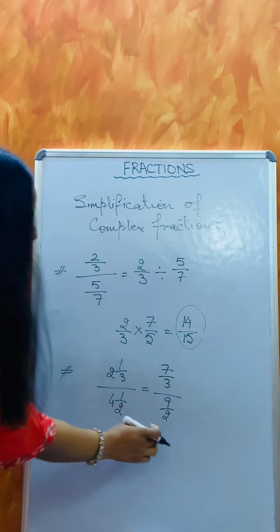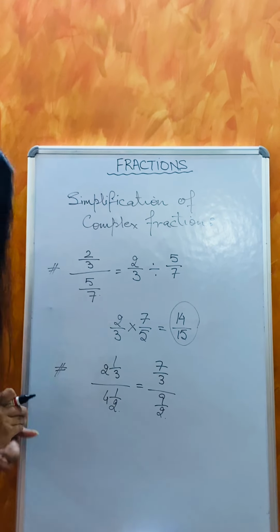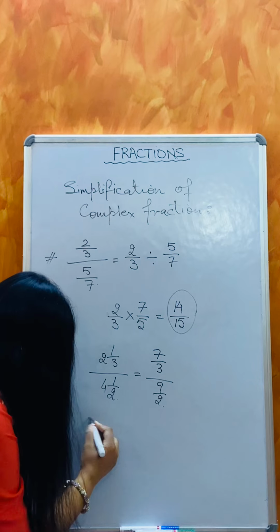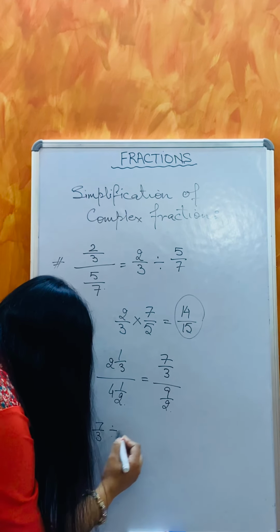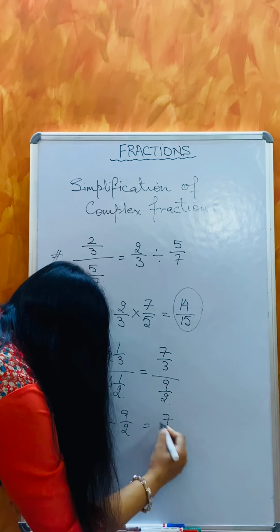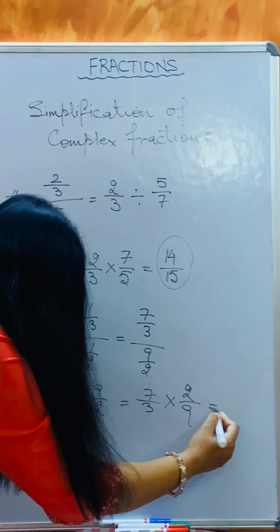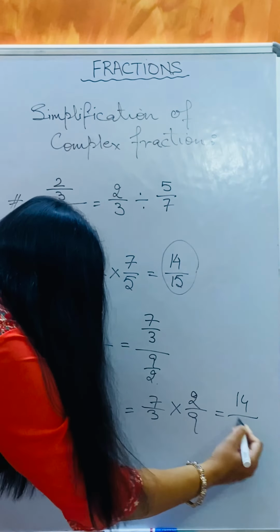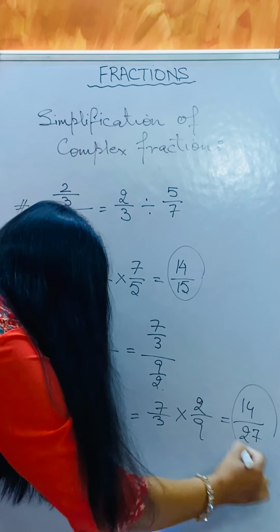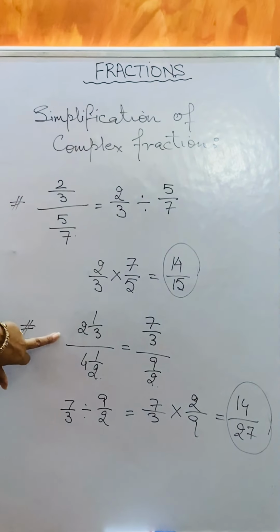Now both are complex fractions, and we have to simplify. 7 by 3 divided by 9 by 2 comes out to be 7 by 3 into 2 by 9. 7 2s are 14, 9 3s are 27. So this is the simplification of this complex fraction.